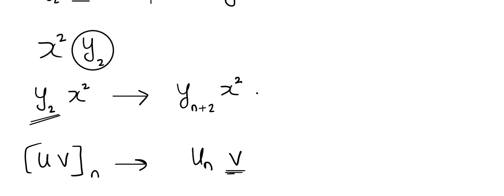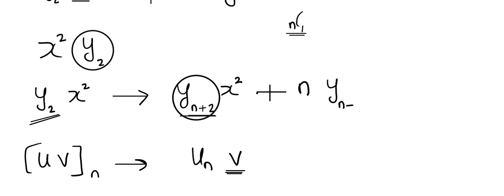You write the same thing. Now the second term begins with n. Actually n comes from our NC1. And then you look at the first function and reduce 1. You subtract 1 so that you get n plus 1.